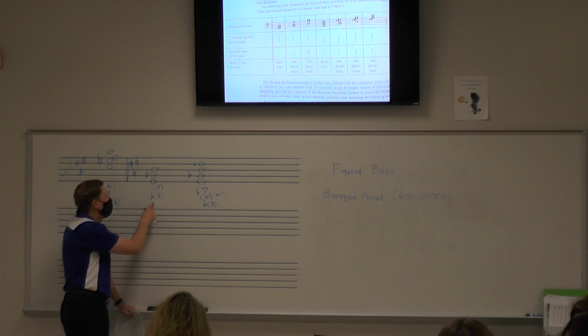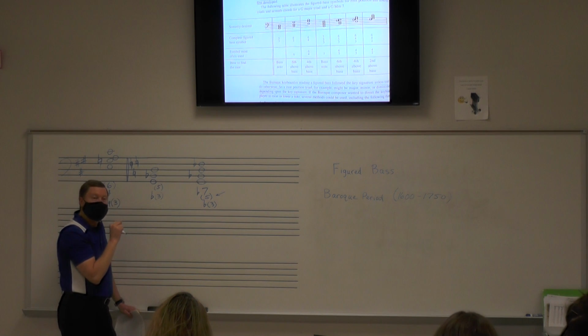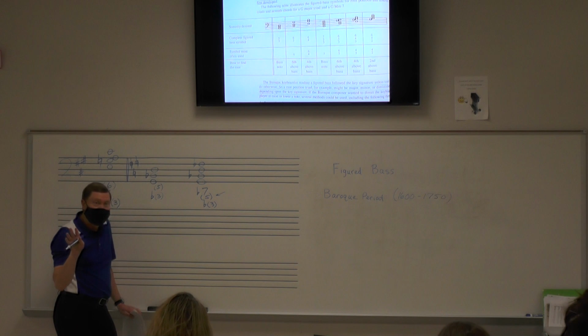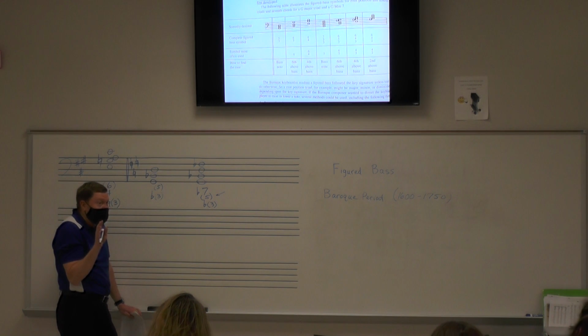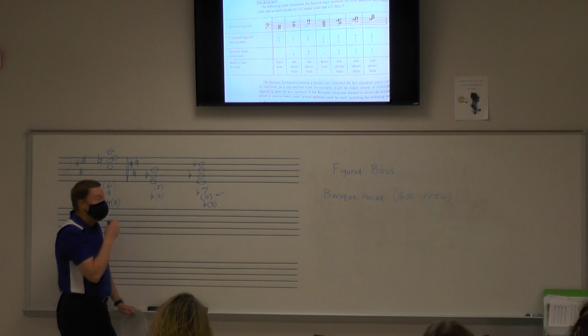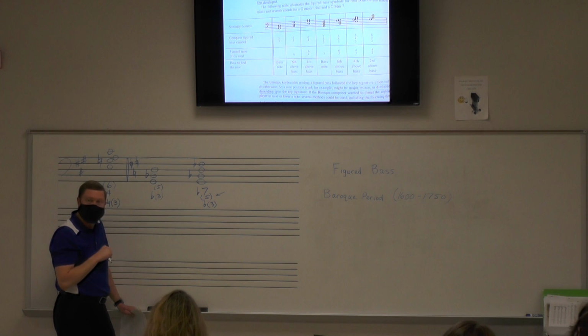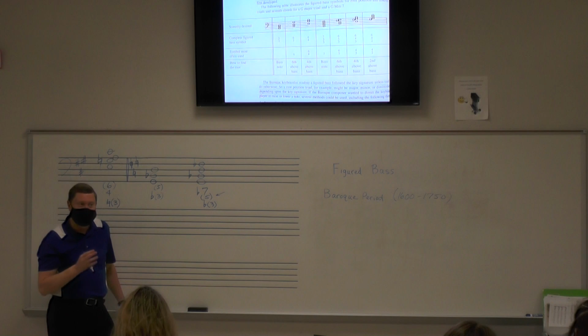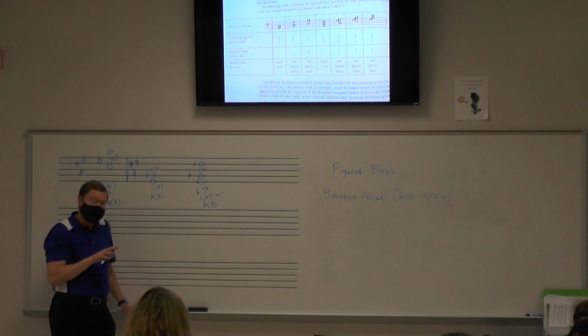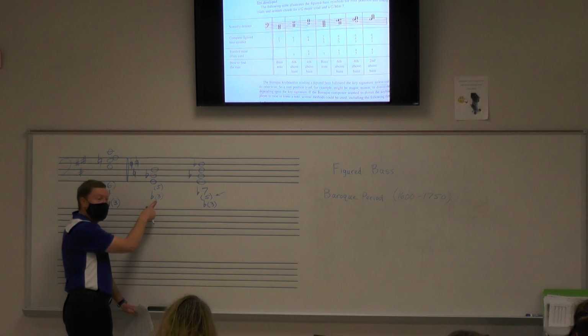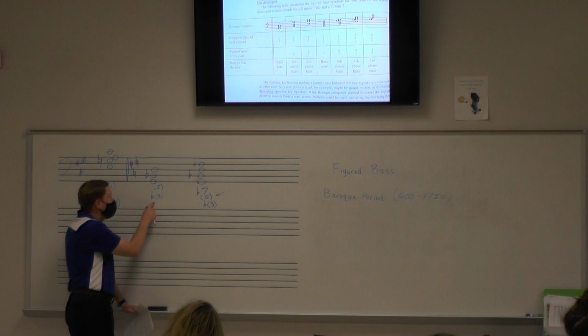A 3 in a figure means the note that's a third above the bass, and that's all. It could be the third of the chord, but it might not be, depending on the bass position of the final outcome. I don't know if that makes sense, but it's really crucial to keep straight. It could be sometimes, but that's just a coincidence. This just means whatever note is a third above the bass.